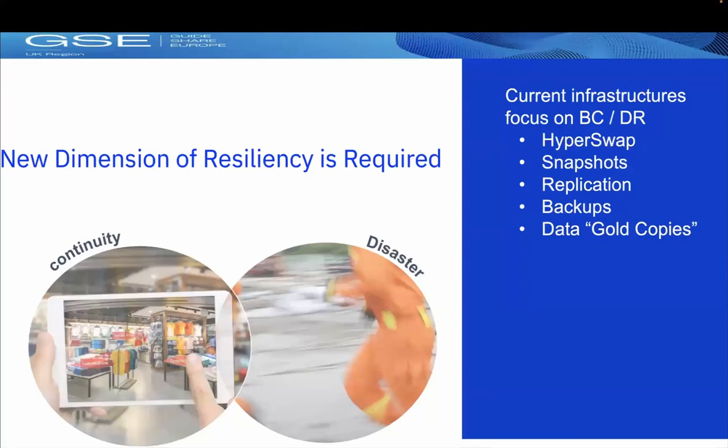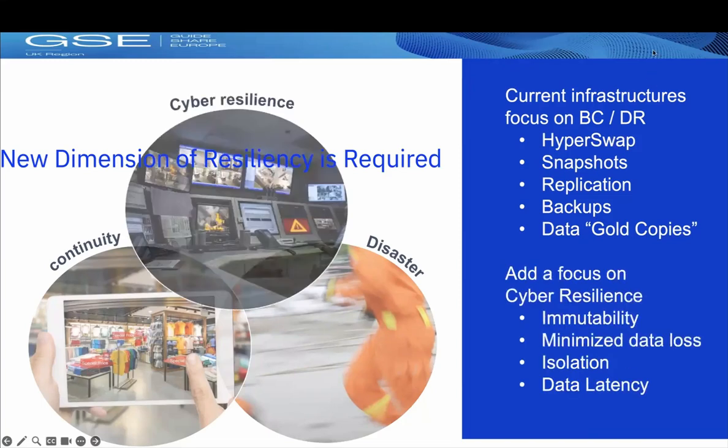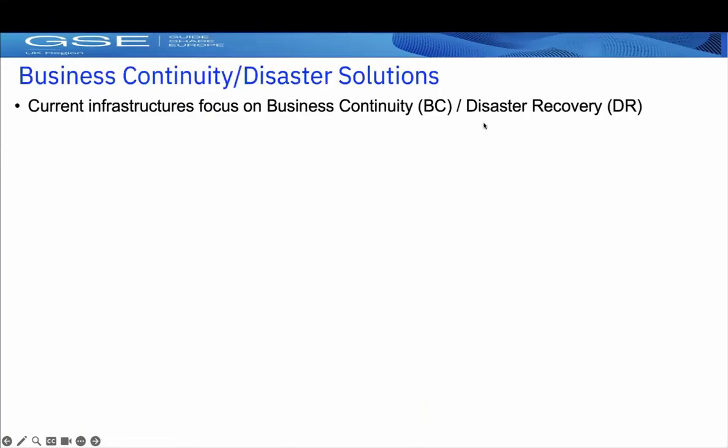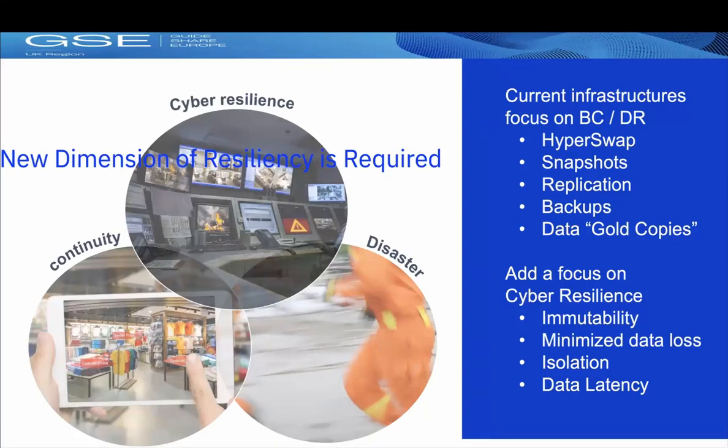And so if you look at this picture here, and I'll show you in the next couple slides, we in the industry and organizations and companies have done such a wonderful job of working through continuous availability. We have Metro Mirror, we have Global Mirror. We talked about multiple data centers in my last session. You have HyperSwap technology, replicating data, gold copies, and all these things that we built over time to be able to work through continuous availability.